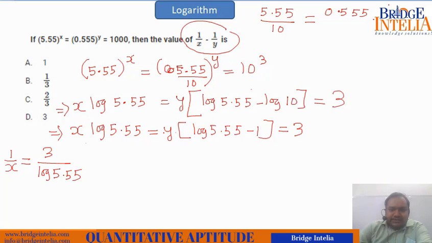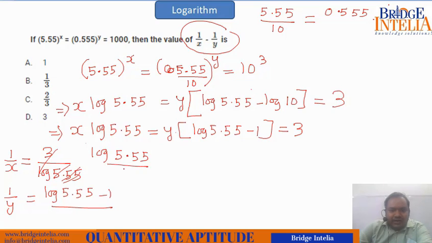Similarly, 1 by y can be written as log 5.55 minus 1 upon 3. So 1 by x can be written as log of 5.55 whole divided by 3, and 1 by y can be written as log of 5.55 minus 1 by 3.